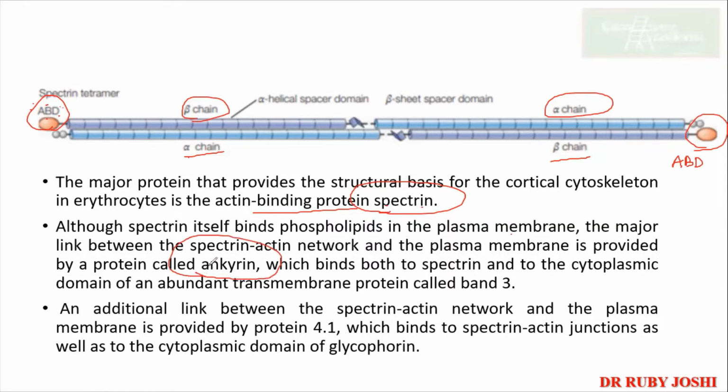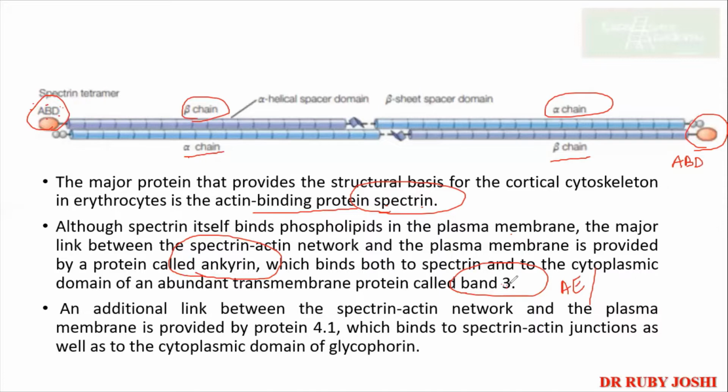I hope you remember those images which we have studied, like how spectrin, ankyrin, and then band 3, which is also known as your anion exchanger, or the bicarbonate chloride exchanger. From this only we have studied how the CO2 is being expelled out in the lungs. So that's your band 3.